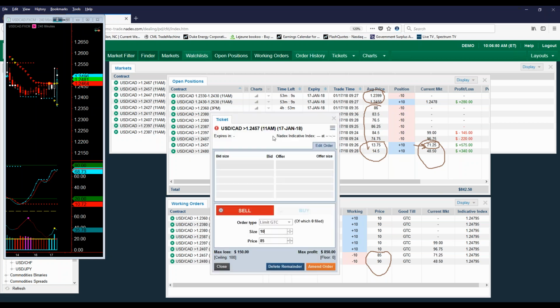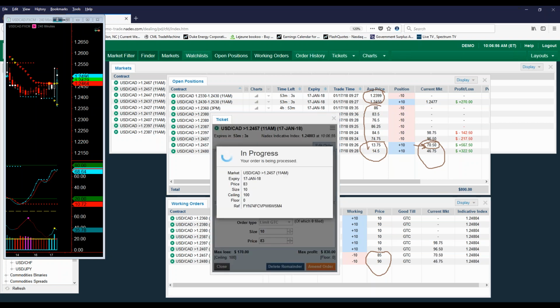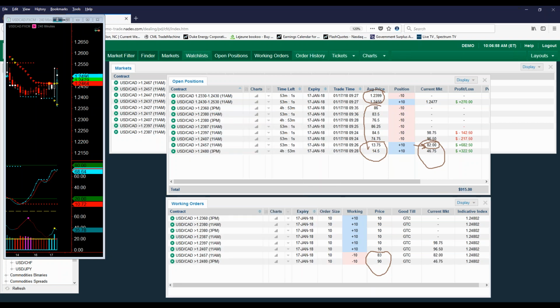Okay, they're not wanting to fill 85. Let's see if we can do 83. Okay, and you do have to play with them sometimes to get that filled.